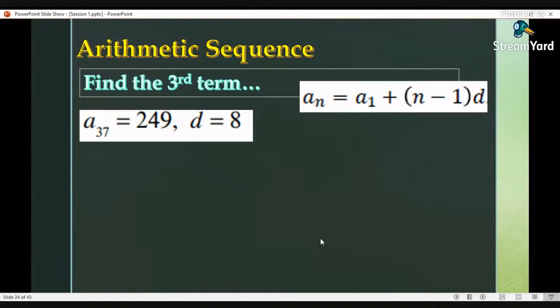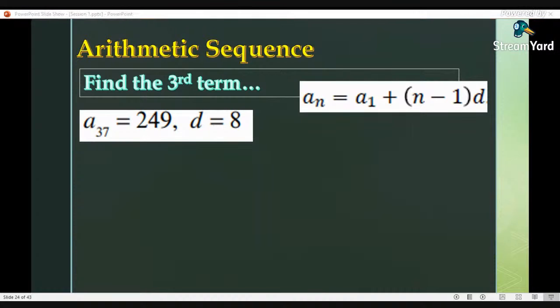Okay, let's find the third term for this. Take note that our given is A sub 37 equals 249, and our common difference is equal to 8. Our 37th term is given, and so we are going to find A sub 1 in order to find the third term.